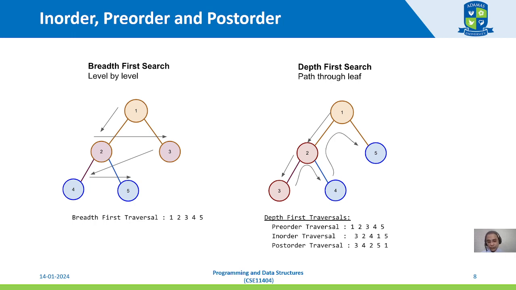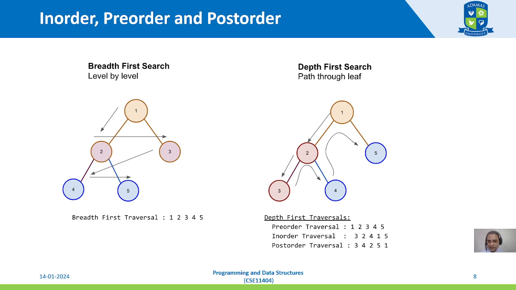Post-order traversal is also very important to know. 3, it will first traverse the left node, and then it will traverse the right node, then it will traverse the root node.